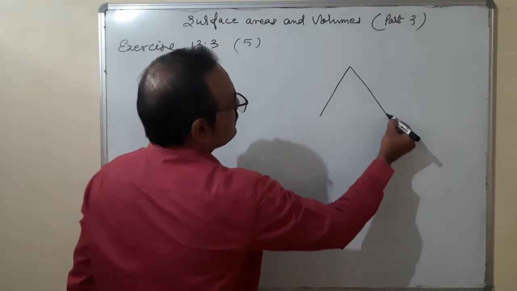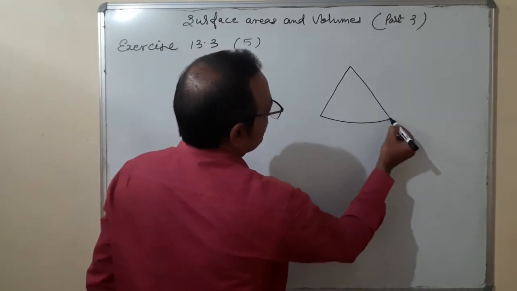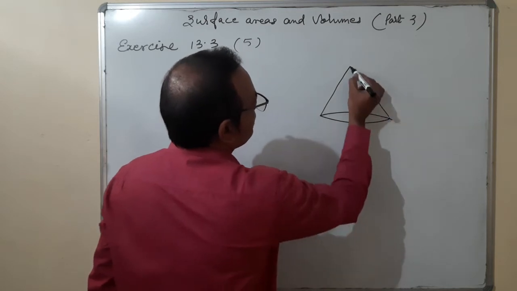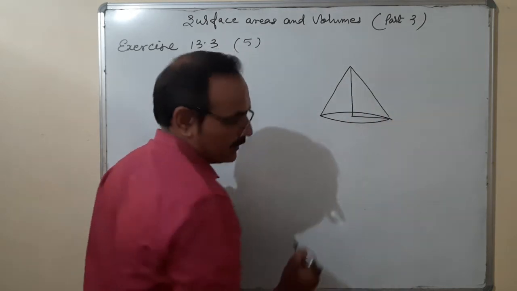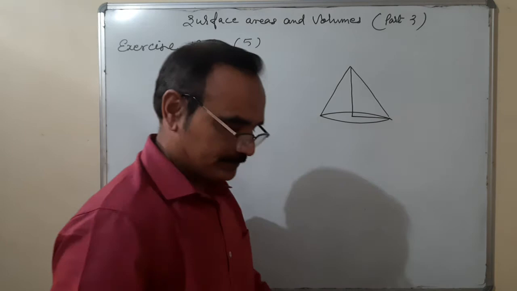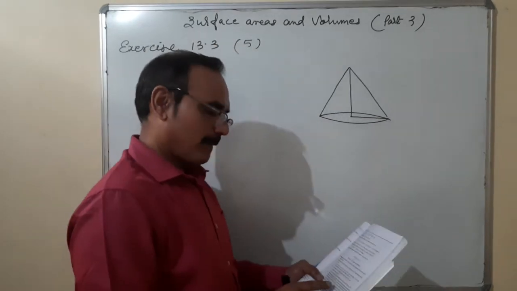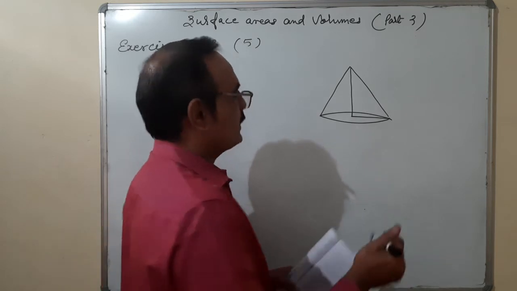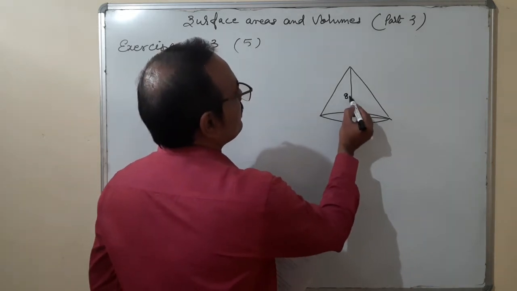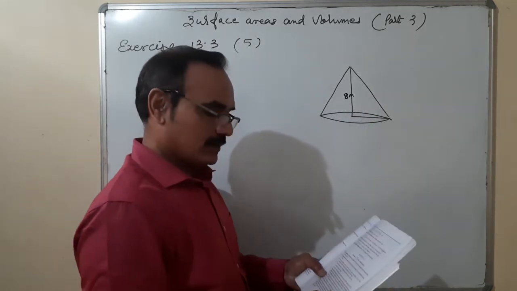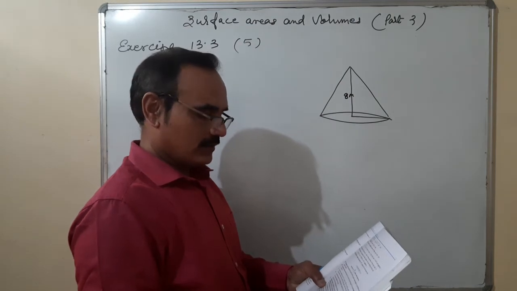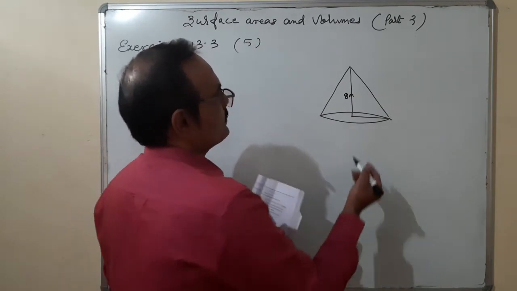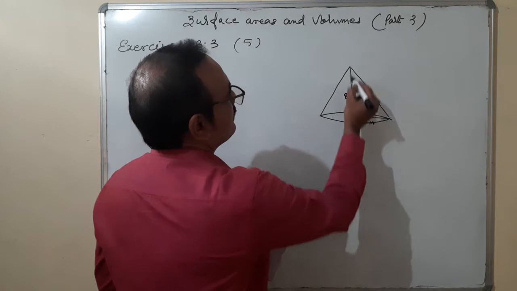It's a conical tent of height 8 meter and the base radius is 6 meter.